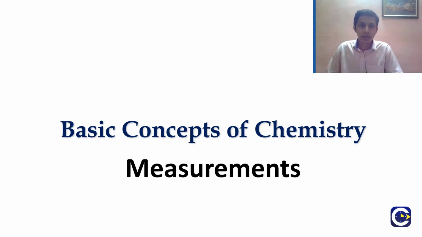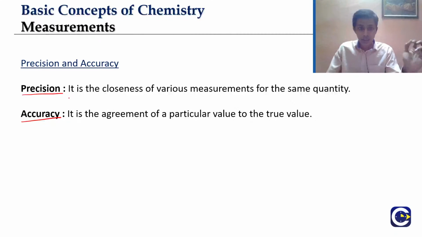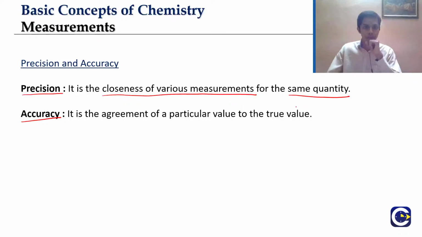These measurements have to be precise as well as accurate. What does it mean to be precise as well as accurate? Precision means it is the closeness of various measurements for the same quantity.